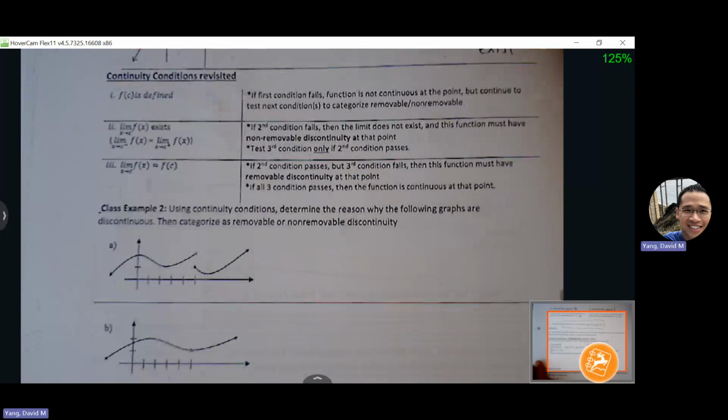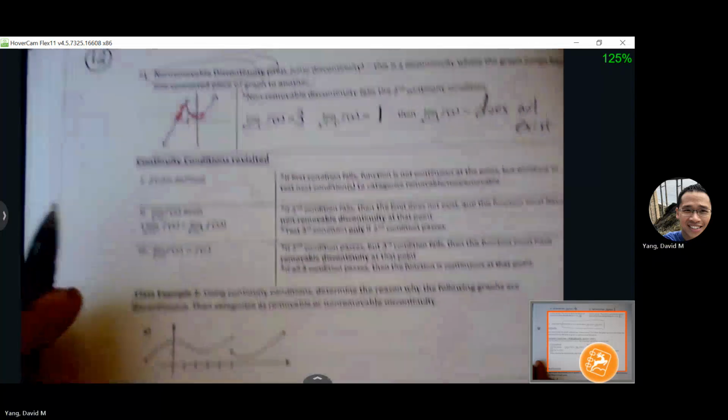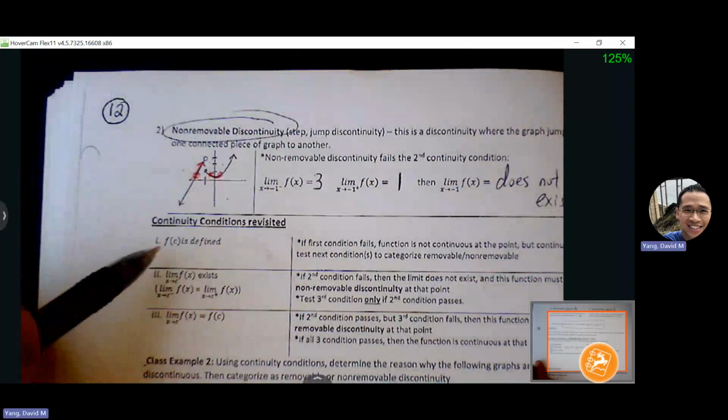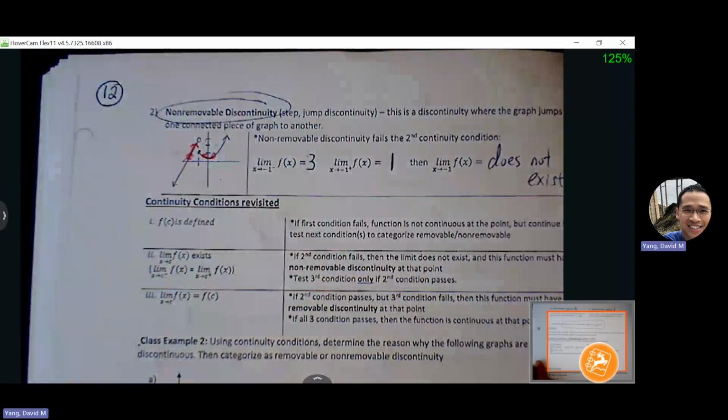All right, so let's look at some class examples here. Using continuity conditions, determine the reason why the following graphs are discontinuous, then categorize as removable or non-removable discontinuity. Now, the C value is always going to be easy to identify. You're never going to have to guess what the C value is.